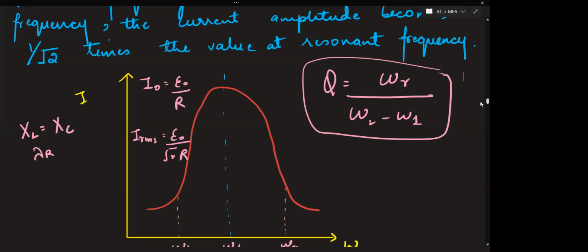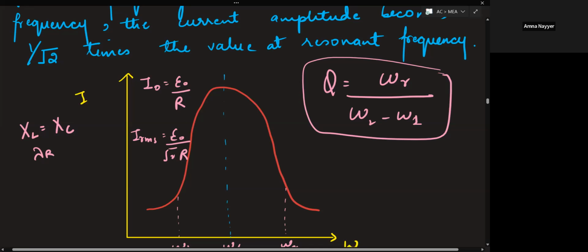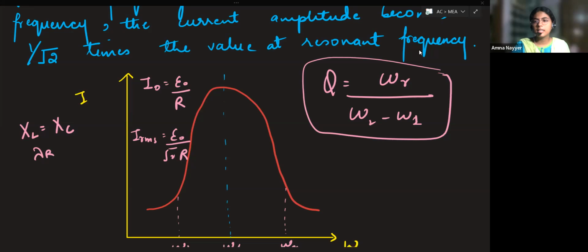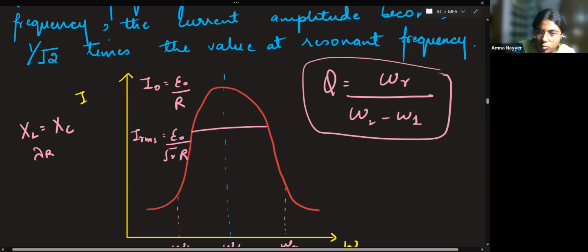So this is what Q is: omega R by omega 2 minus omega 1. Now, one more thing, class. This definition is clear? Omega 2 minus omega 1 is also known as bandwidth.